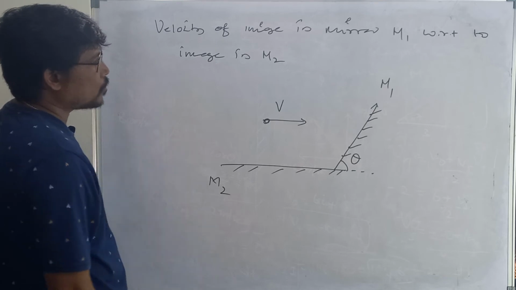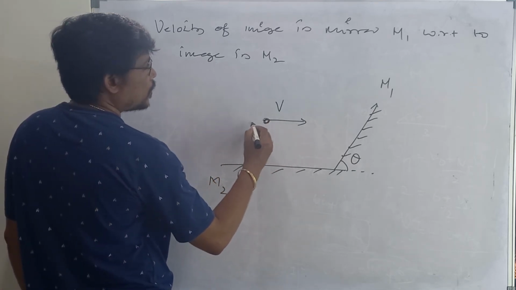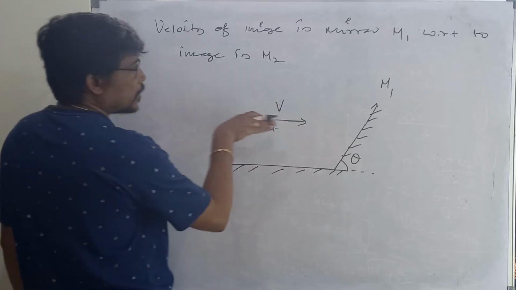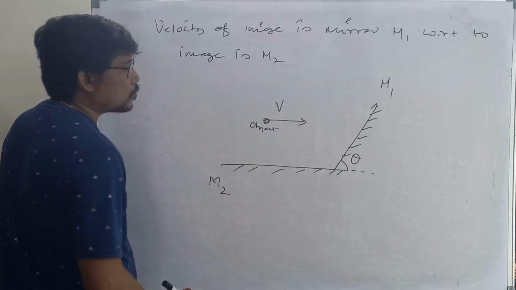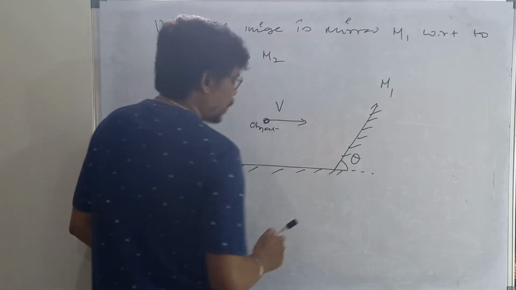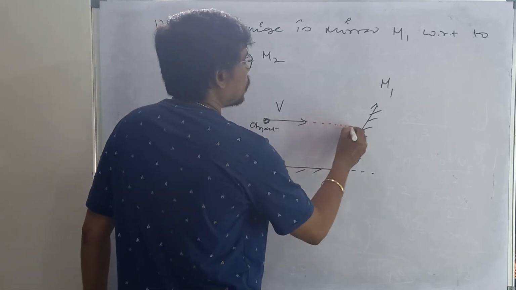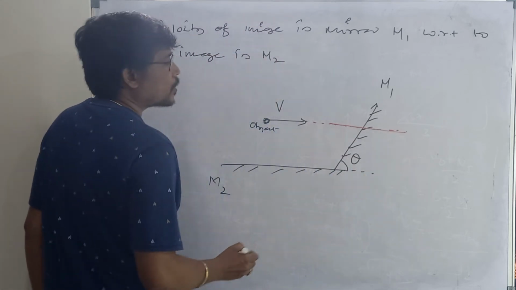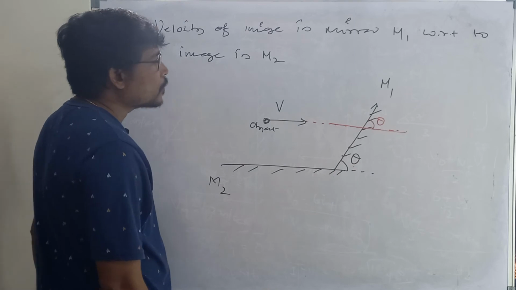So how to solve this question? In this case, this is the object, and the object moves with a speed v in this arrangement. This is mirror M1 and this is M2. Now see, say it is moving in this direction, this angle is theta, this angle is theta, right?